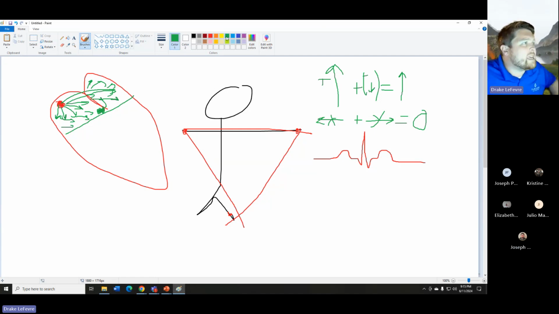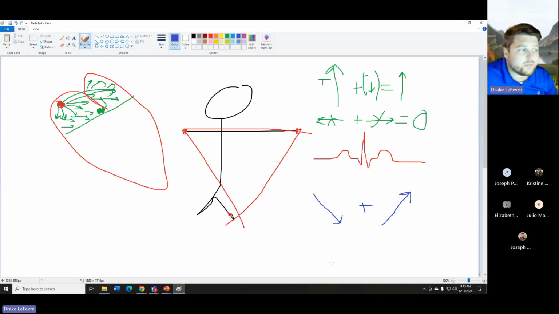So if we look at this, because it's not perfectly down and across, we can also have angled arrows. We can have an angle down and to the right, or up and to the right, or up and to the left, or whatever like this.